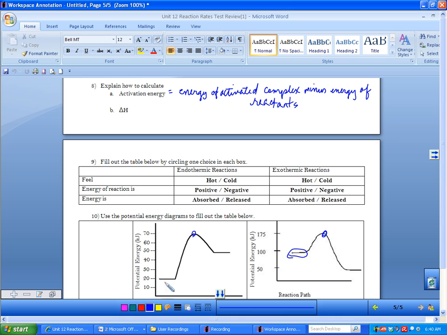So in this case, it looks like it's about 65 kilojoules. And this looks like 20 kilojoules, so the activation energy is going to be 45 kilojoules. All right, delta H, that's going to be the energy of the products minus energy of the reactants. It's always products minus reactants. All right, I'm going to end this recording, and then I'll make another one for the back side.